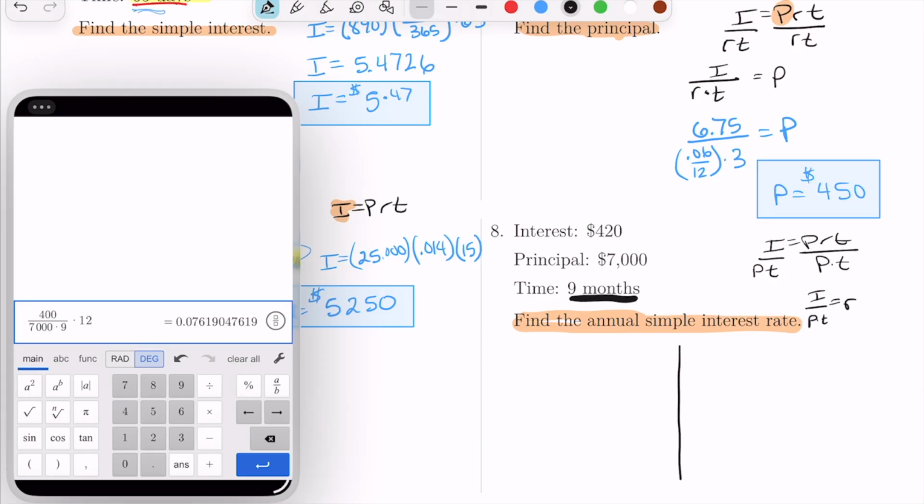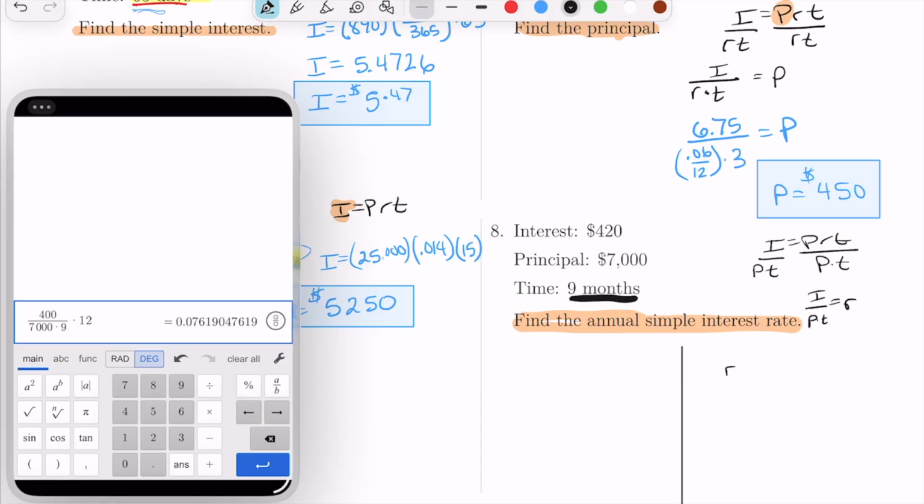I'm actually going to show you two different ways to do this, and that's because this shows us that we want an annual simple interest rate.